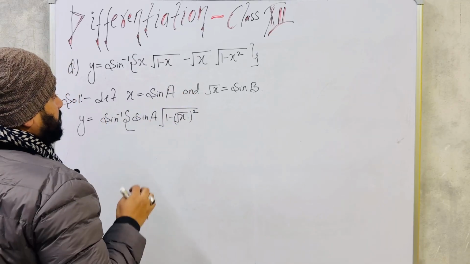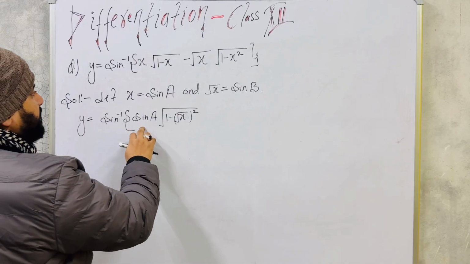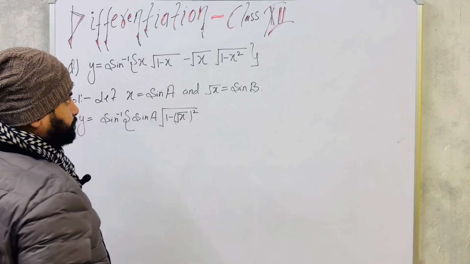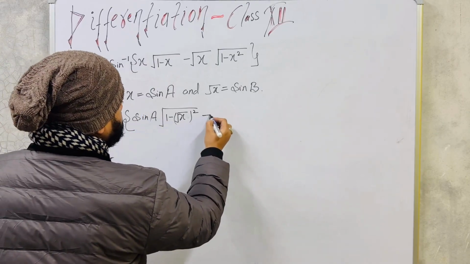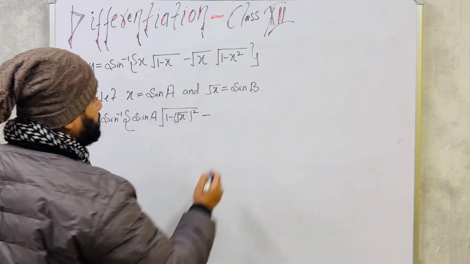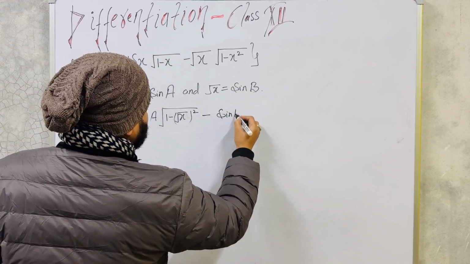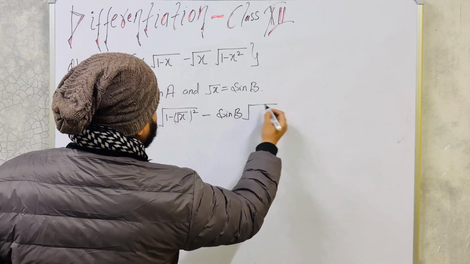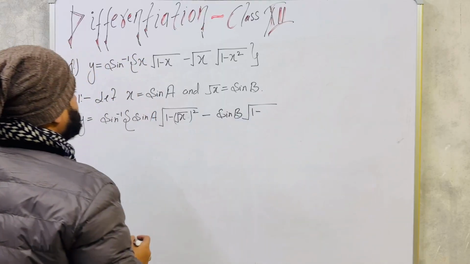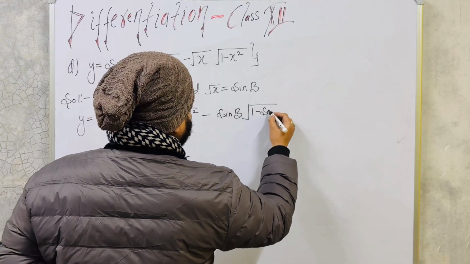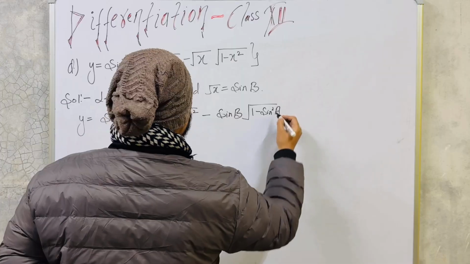The reason behind this is that we have to generate the formula of sine a sine b. Now this under root x is sine b, and 1 minus x square is sine square a.